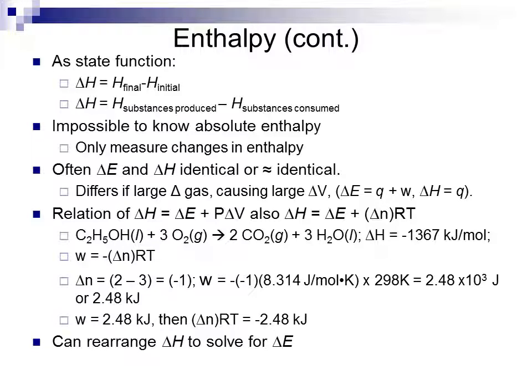We can rearrange our enthalpy equation to solve for internal energy such that internal energy is equal to enthalpy minus delta N RT. If I plug in delta N RT, which is negative 2.48 kilojoules, then we have negative 1367 minus negative 2.48, which is the same thing as negative 1367 plus 2.48.